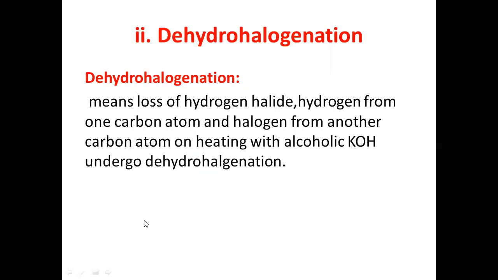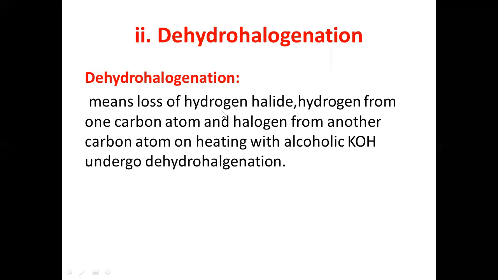The second method of preparation of alkene is dehydrohalogenation. Dehydro means removal of hydrogen, and halogenation refers to the halogen group. So this means loss of hydrogen halide.